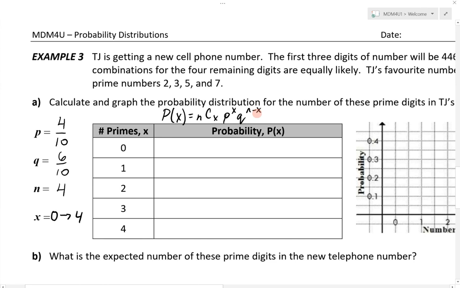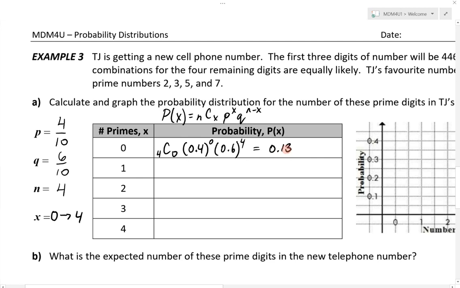Okay, so we have 4 trials to do, so we're picking 4 more numbers. So 4 choose 0, 0 meaning we didn't have any prime numbers show up. Then we multiply by 0.4, the probability of success, so 4 out of 10 is just 0.4 raised to the exponent 0 times the probability of failure, 0.6 raised to the exponent 4. And that's going to equal 0.13.